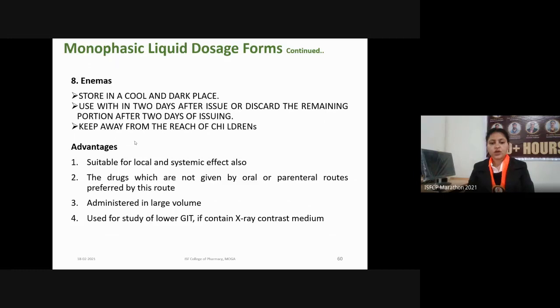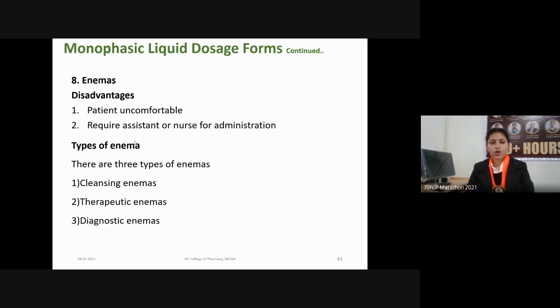They are used for study of the lower GIT, as they contain X-ray contrast media. Now, the disadvantages of enemas are that the patient may feel uncomfortable, and inserting the enema requires assistance or a nurse for its administration.